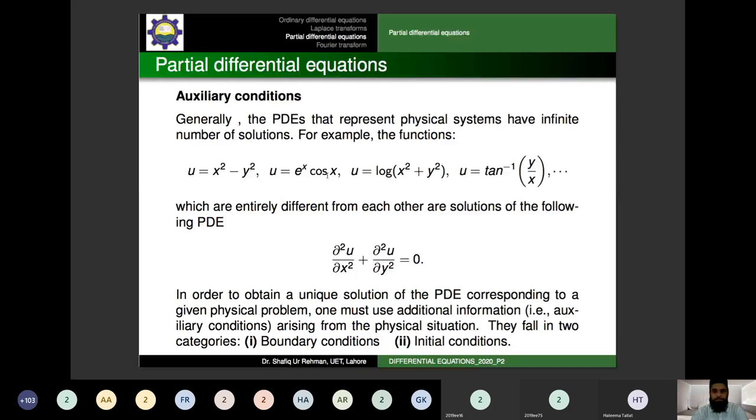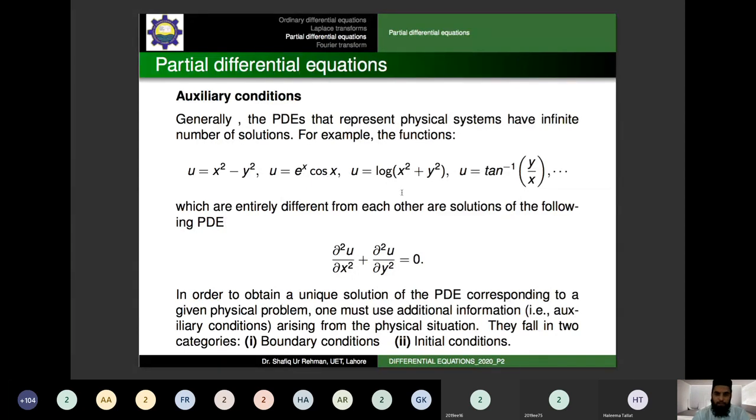Yep, it's a typographical error. e raised to power x cosine of y. So u should be a function of x and y because we do have partial derivatives with respect to x and y. So yes, e raised to power x times cosine of y is another option.